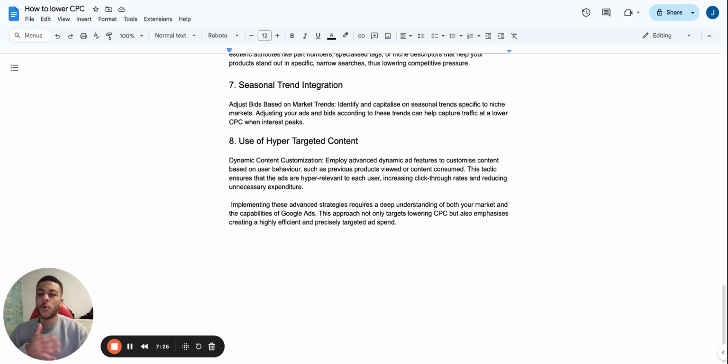So basically, all lowering CPC is making your ads highly targeted to the people that are most likely to buy your things. Because the fewer wasted clicks you have, the lower your cost per click will be, and the higher your conversion rates, and the more profit you will make, and the better use of your budget you will make.